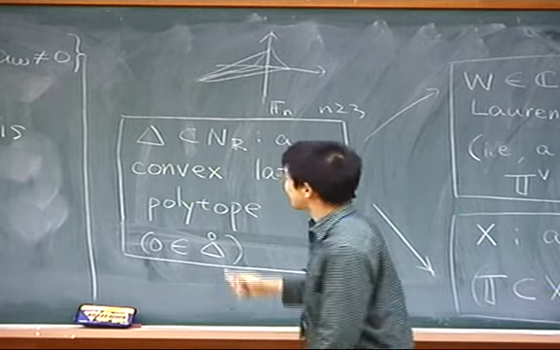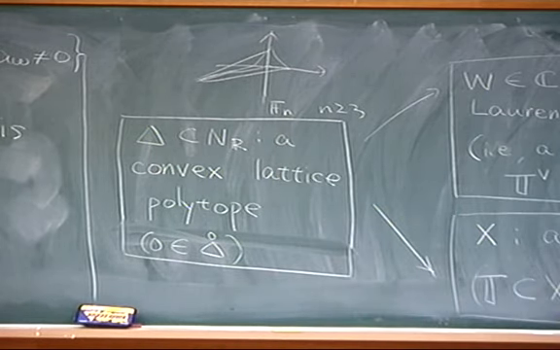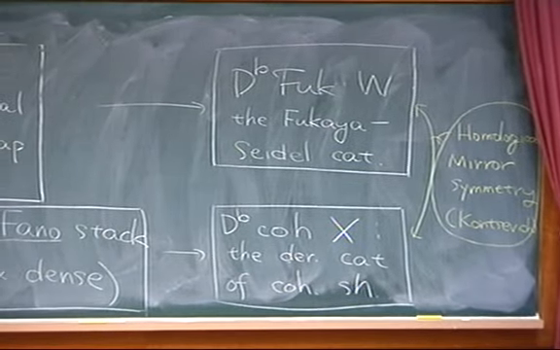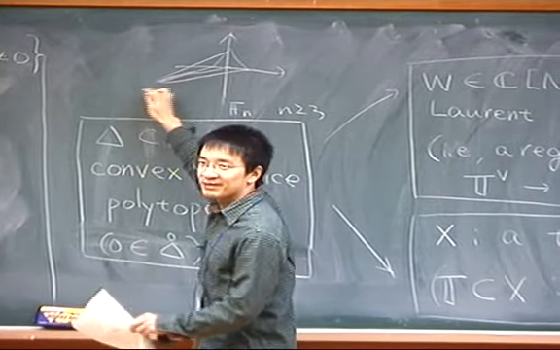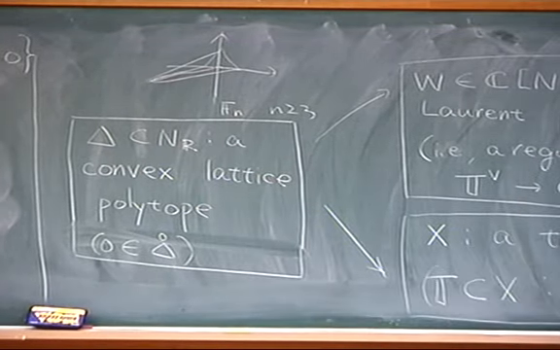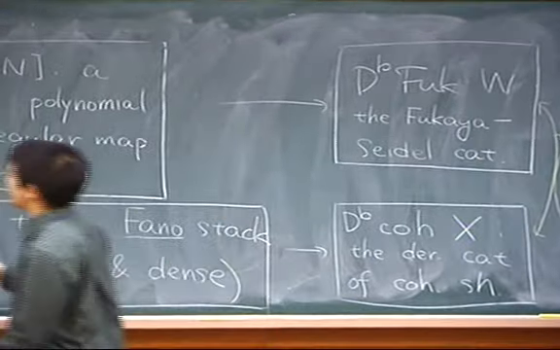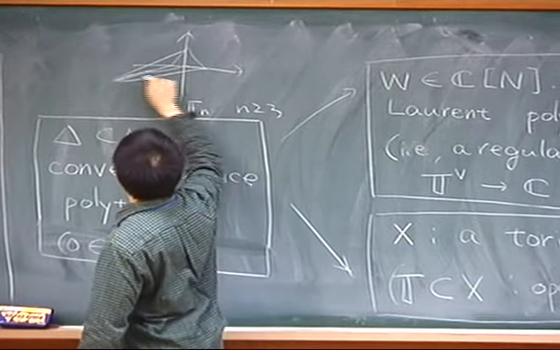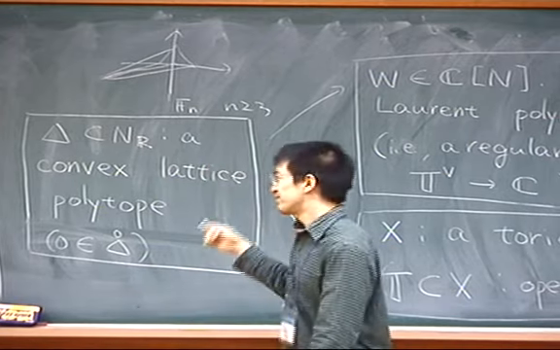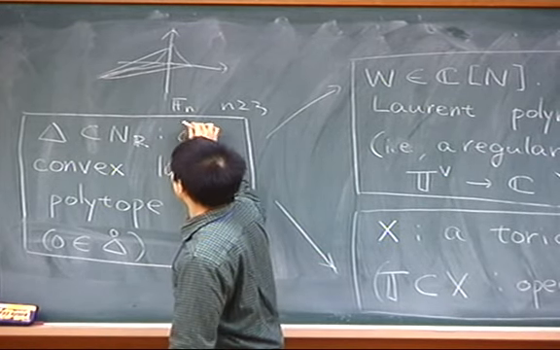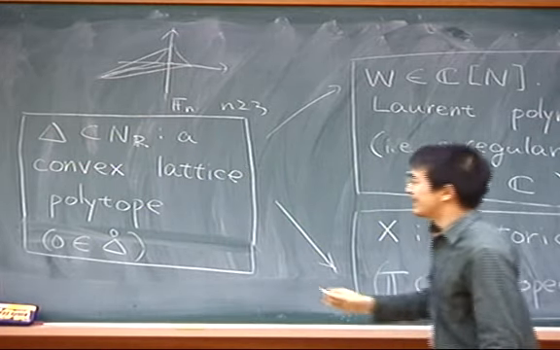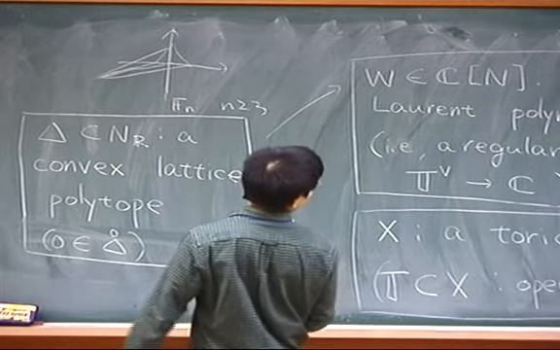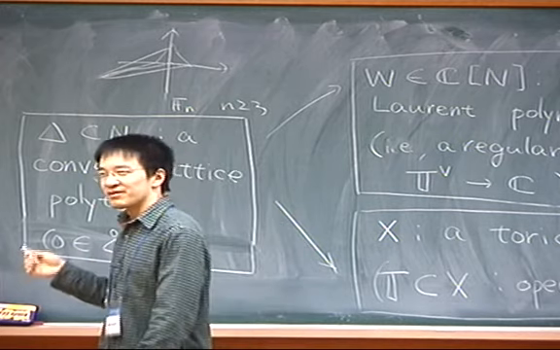And the derived category of coherent sheaves on the Hirzebruch surface appears as a semi-orthogonal summand of the derived category of this toric Fano stack. This gives a weighted projective plane, and the relation between homological mirror symmetry for Hirzebruch surfaces and weighted projective planes is discussed in Auroux, Katzarkov, and Orlov's paper.